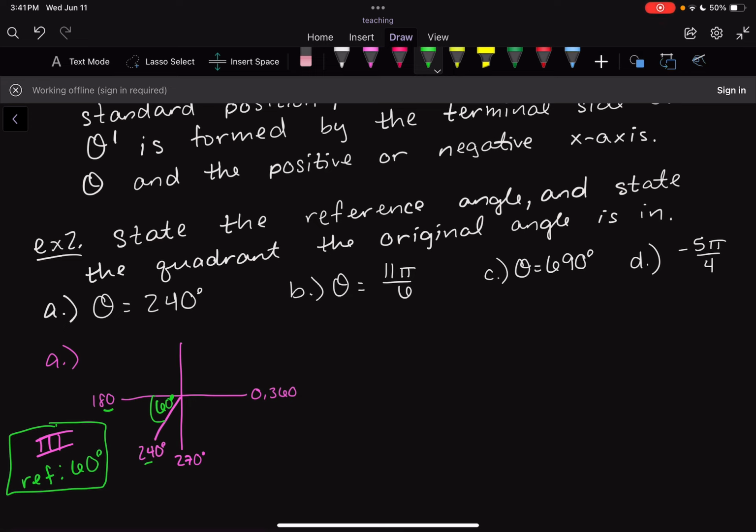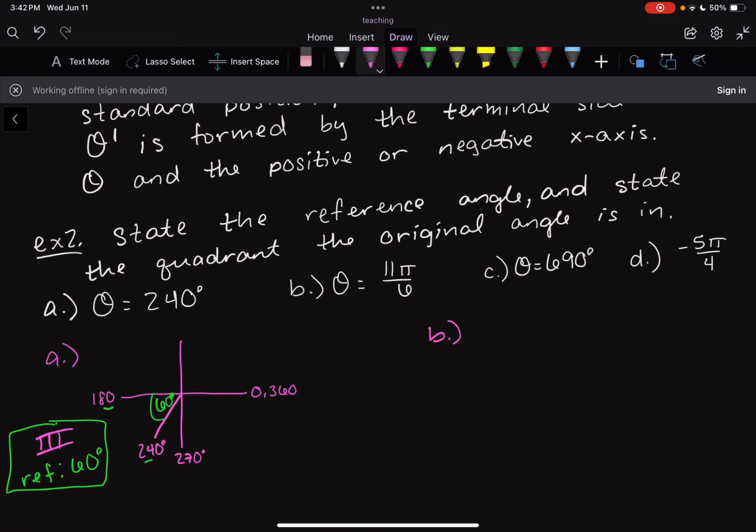And so now what this tells me is that if I look for, say, sine of 240 or cosine of 240 or even tangent of 240, it'll have the exact same value as it does at 60 degrees. So 240, I usually say that like this, it acts like 60 degrees. But the only difference is the sign. Because we're in a different quadrant, we may have to change it from positive to negative or something like that.